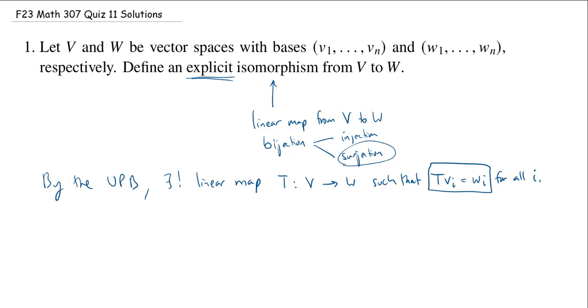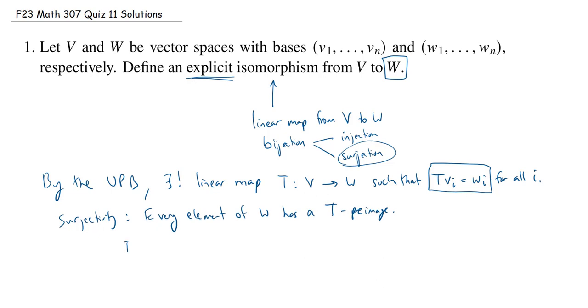Now, surjectivity means that every element of the codomain, which is W, has a preimage. Every element of W has a T preimage. Well, what does an element of W look like?